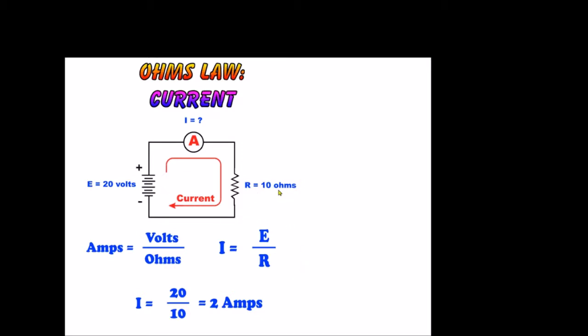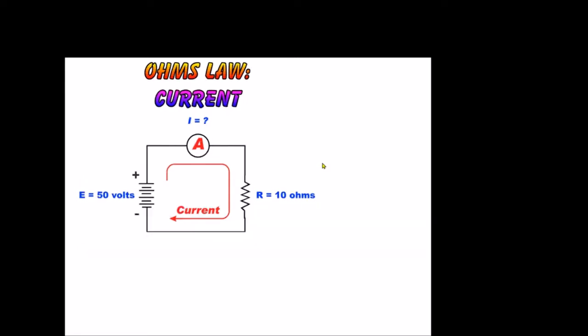So you can see if we cut our resistance in half, we double the amount of current flowing through the circuit. Okay, so you can see resistance opposes current. The higher the resistance, the lower the amount of current that's going to flow through our circuit.